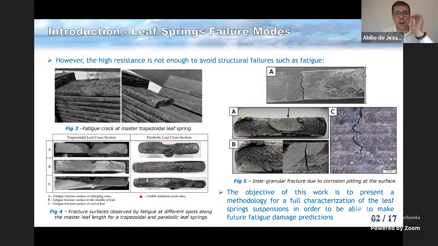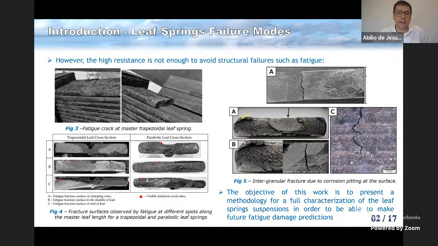So that's why we need to keep studying these elements and contribute to their maintenance in order to avoid such kind of failures. This slide shows you very recent pictures of what I am saying about the fatigue failures in the leaf springs. They are localized in some specific locations, usually in the central part where we have the buckle that links to the wheel set. There we may have some notches.